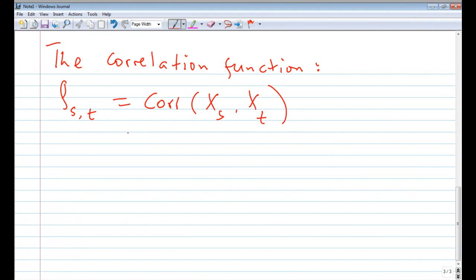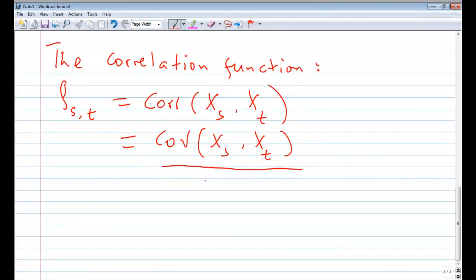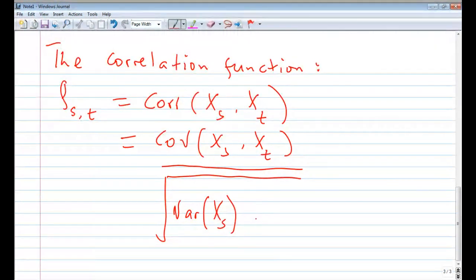Okay, which is equivalent to the cov of XS, XT, divided by the square root of var of XS, var of XT. I think you are familiar with this.